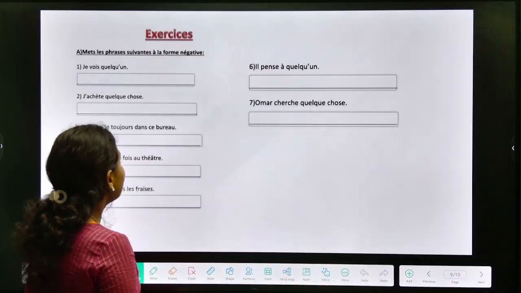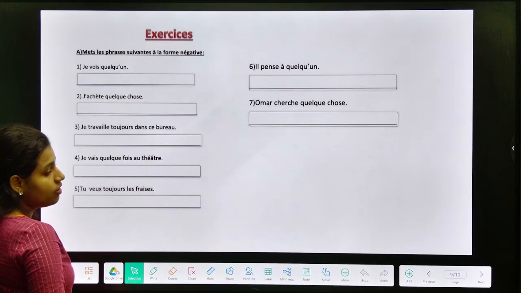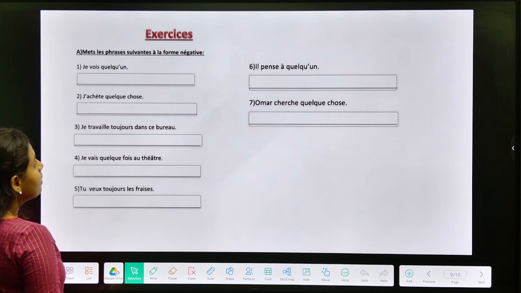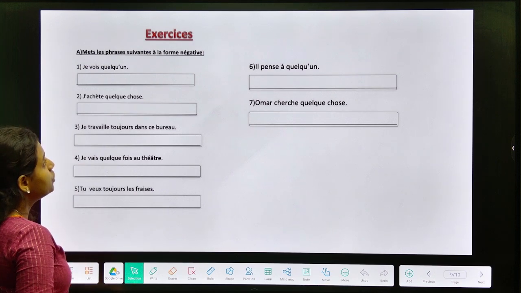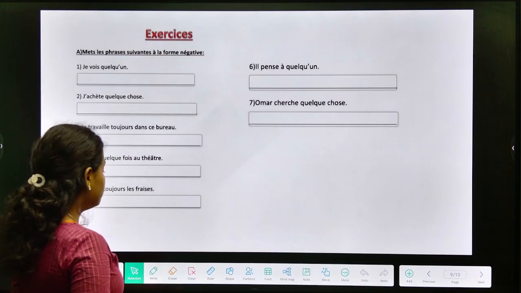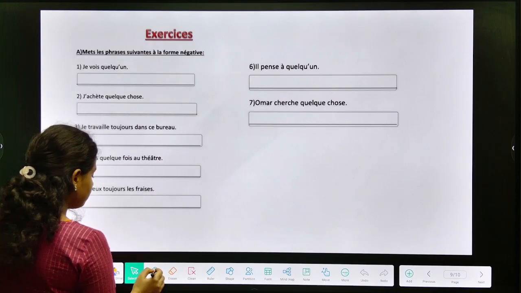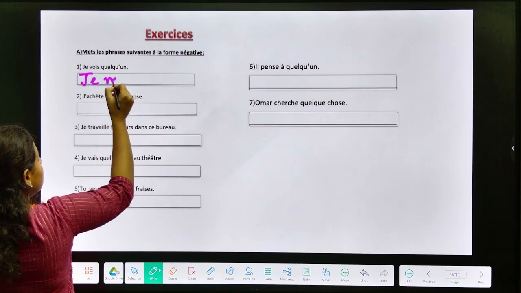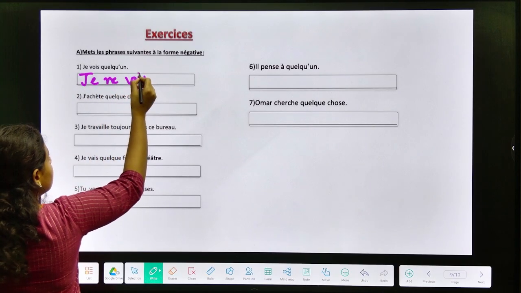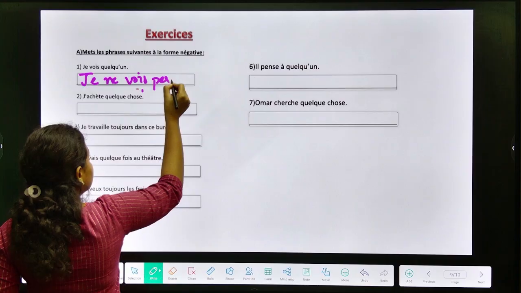Then we have our exercises which you can solve. Je vois quelqu'un, which will be je ne vois personne.